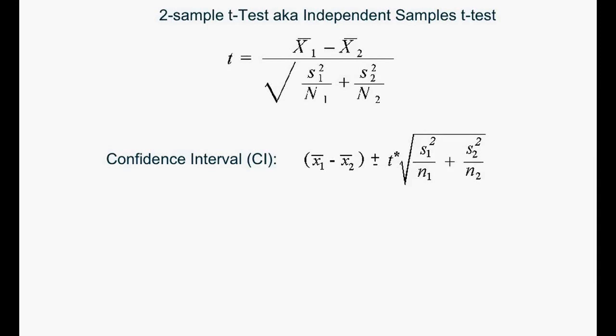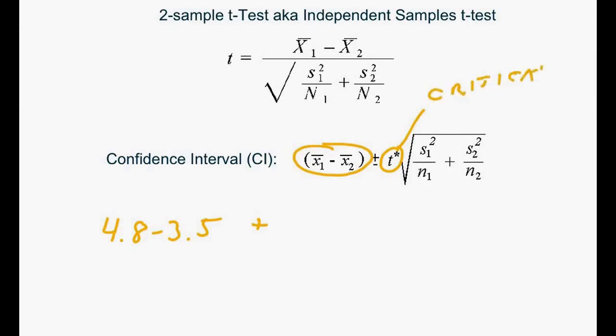So for the example from the warm-cold study, if we apply it to this formula, we first are going to take the difference between our two means. So that'll be 4.8 minus 3.5. And we're going to first add to that the critical t. That's an important thing to remember here. This is the critical t.